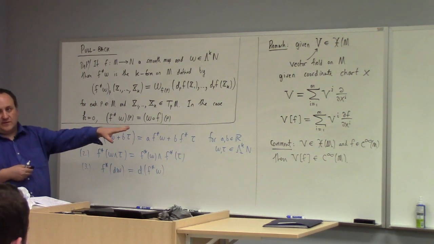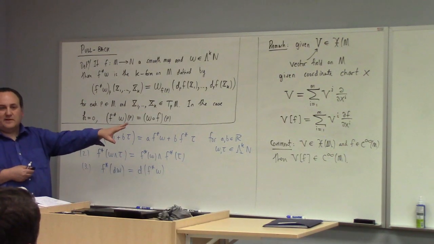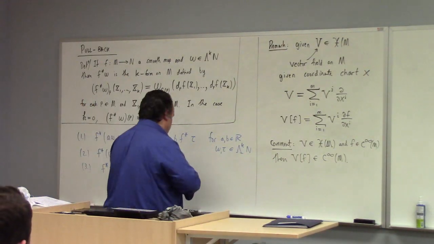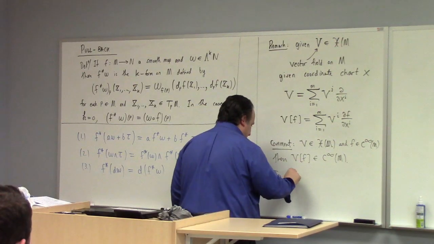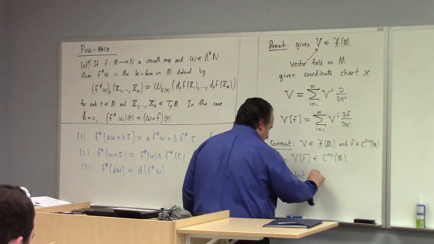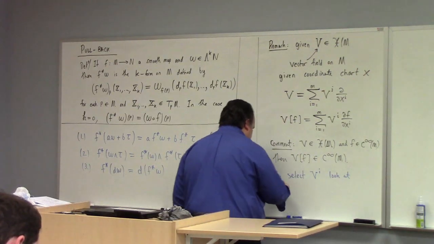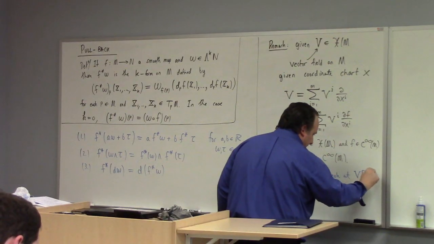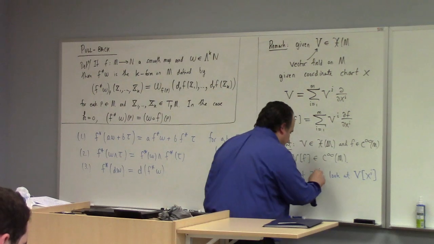So how do I calculate V i then? Which F do I look at? The coordinate chart. To select V i, look at V of X upper i. Or maybe let me make this a j.